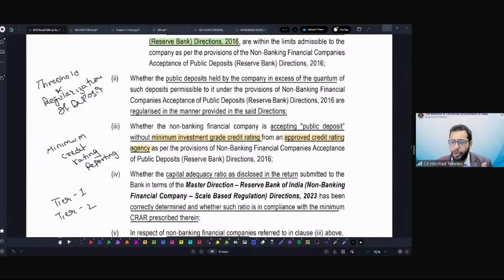I'm not sure whether you have read this anywhere. Can anyone tell me, has anyone read what the minimum investment grade credit rating is? Have you read somewhere what is the minimum investment grade credit rating? No?